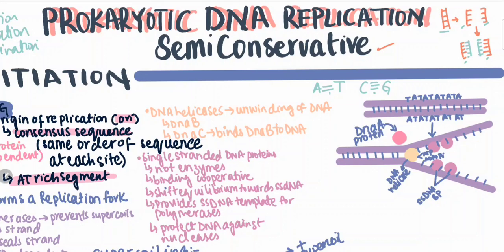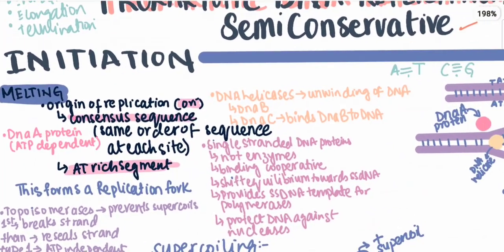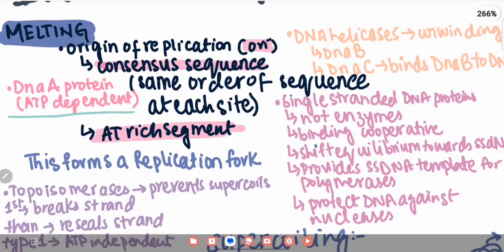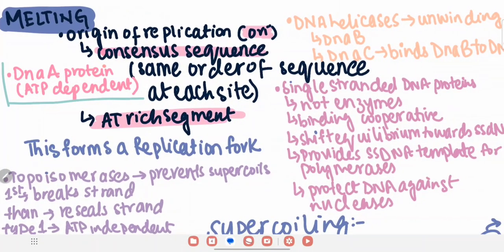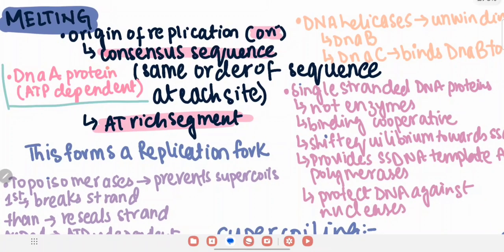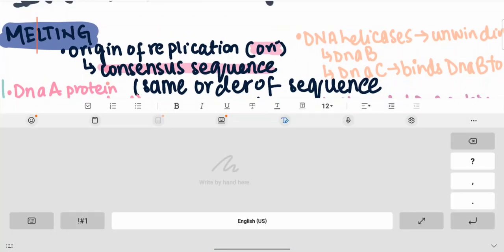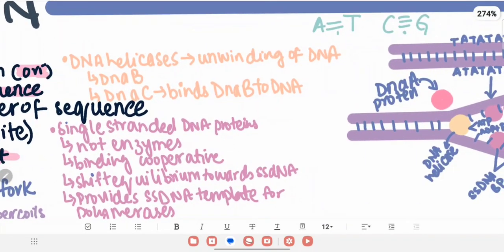That's easy to break. In case of prokaryotes, we have DNA A proteins. These DNA A proteins actually bind to the AT-rich segments and they melt them.